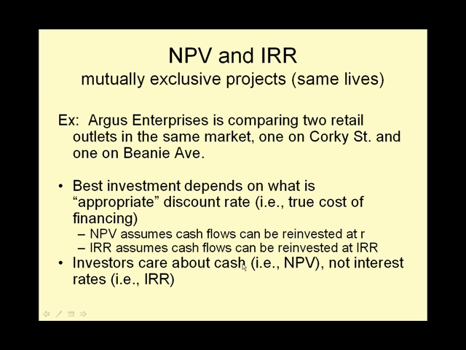Cash is what measures the extent to which investors have increased their wealth by making an investment. Investors aren't inherently interested in a high rate of return. You can use a rate of return as a decision criterion, but that's really not the objective. The objective of investors is to maximize cash, or specifically the net present value of cash.